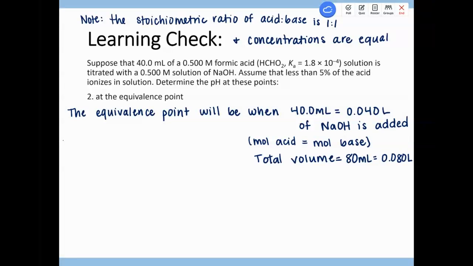So moles of acid, not added, let's say in the original solution, 40 milliliters is 0.040 liters, and then we just multiply by the concentration, 0.500 moles per liter.